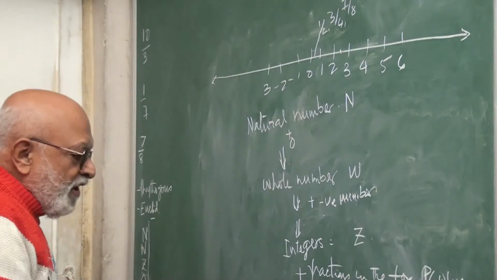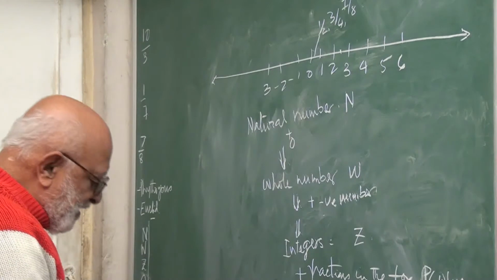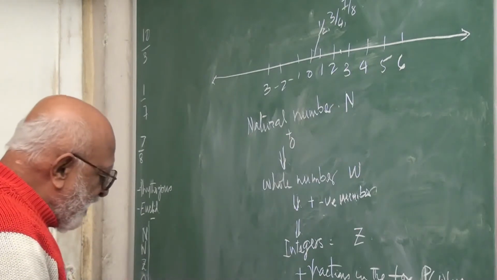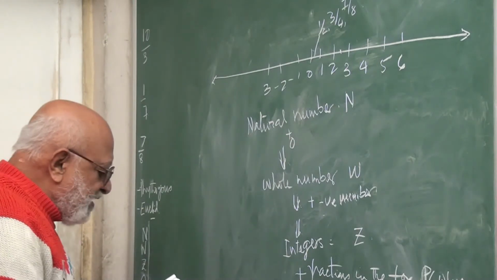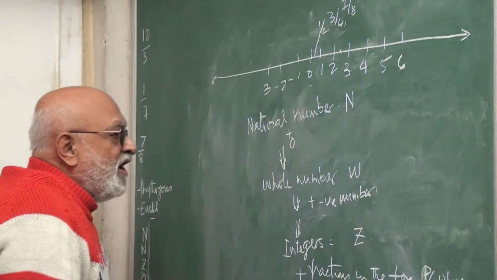So there are some questions here I would like to show you. Is 0 a rational number? Yes, 0 is a rational number. Why?